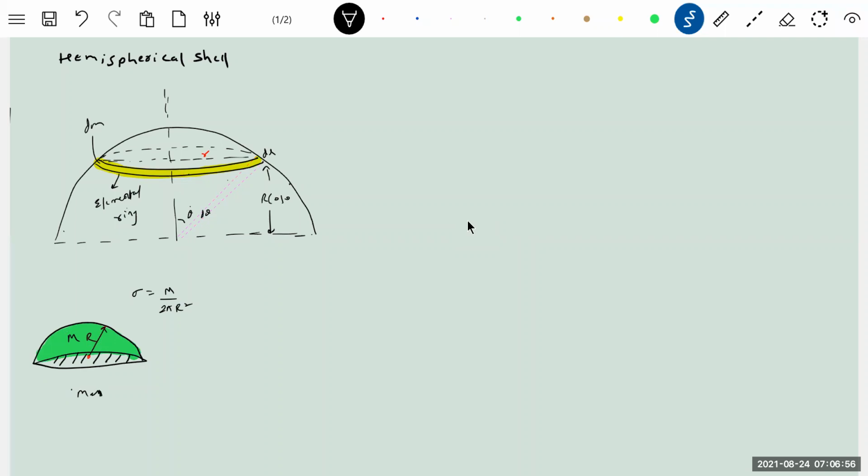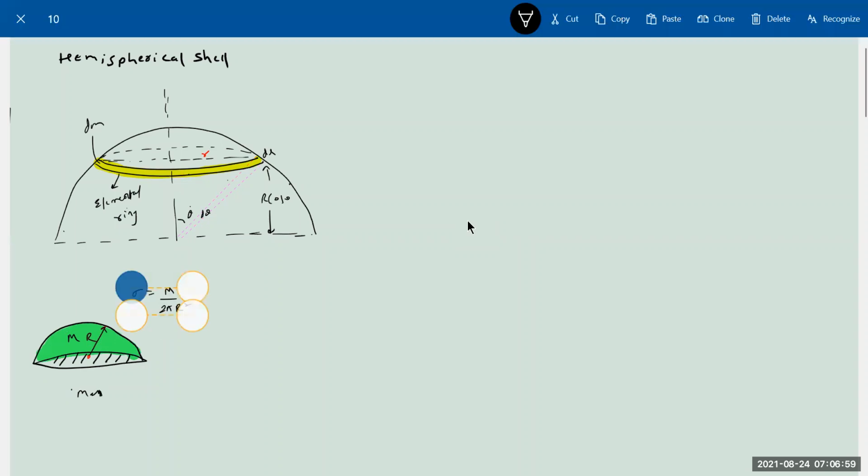Mass of the ring, dm, should be equal to sigma into the perimeter of this ring, which is 2 pi r, into dl. So what is the radius r?